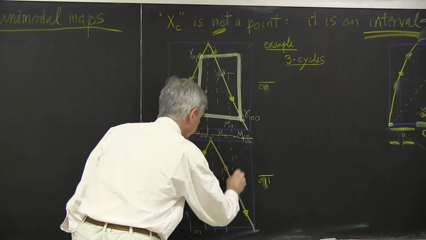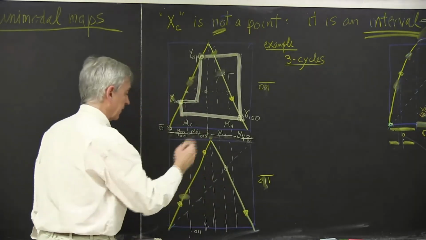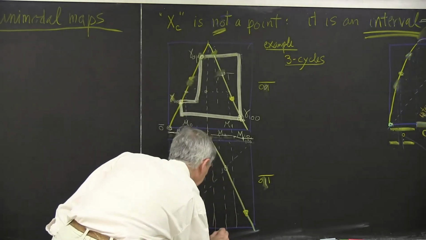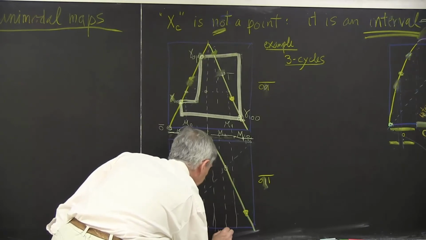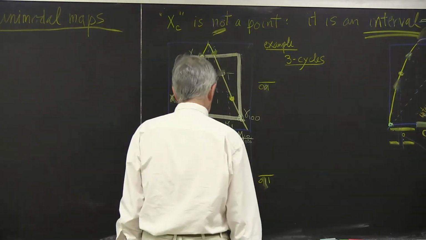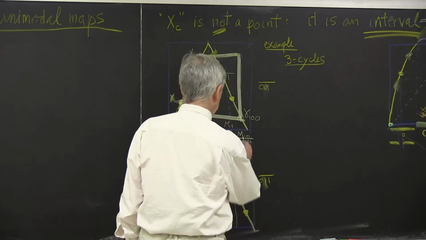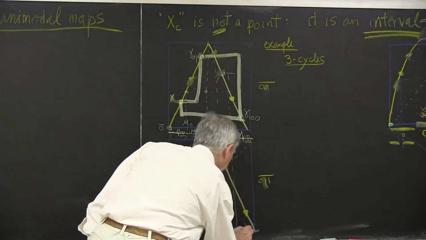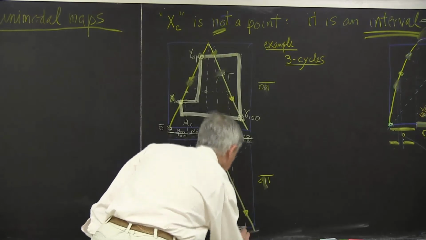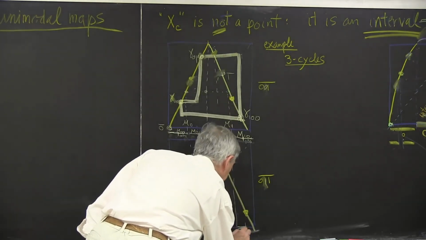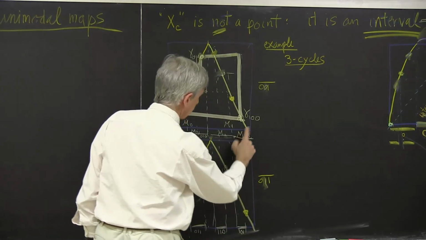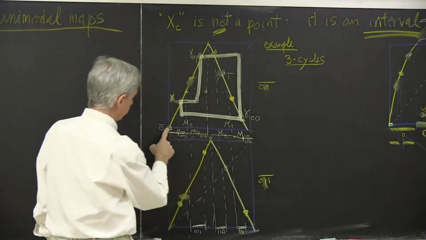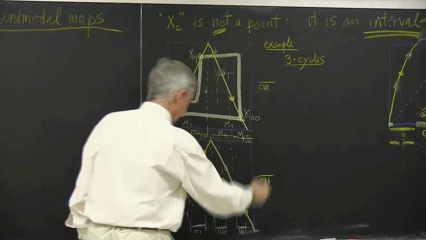So that one has symbolic dynamics 1, 1, 1. And the other one looks like 1, 1, 0. And then I see how this is divided. There is an interval that's called 1, 0, 1. The other one that's close to this maps close to the fixed point, so has more zeros.